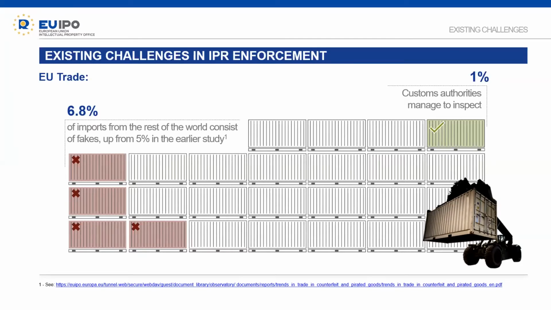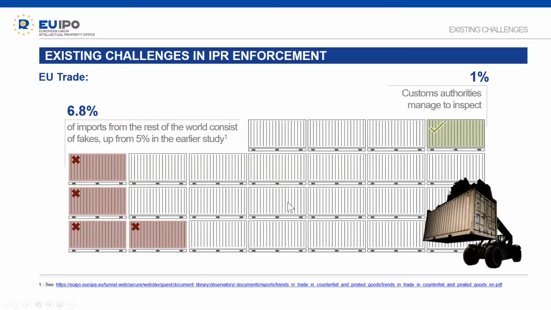The colleagues from customs managed to inspect, if we're optimistic, maybe 1% of all the shipments coming into the EU, which means that all the rest of the products have to be dealt with by the internal market forces, such as police or market surveillance authorities.